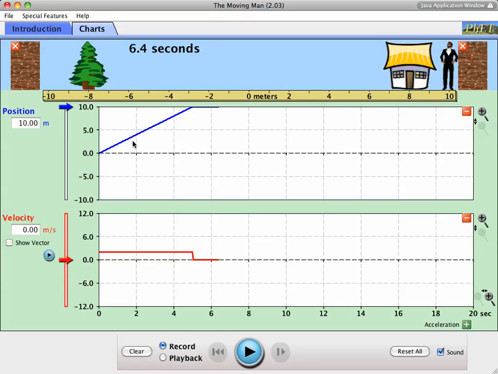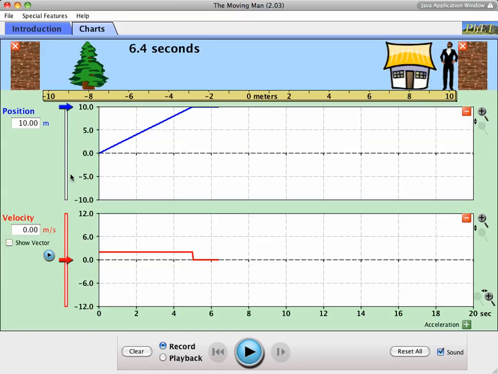Does it seem reasonable that it's a diagonal line and that the slope of that line is positive? Also, take a look at the velocity time graph. Does this make sense to you, that for these first about 5 seconds, it stays horizontal? Why do you think it stays at the same exact value this whole time? What's happening to it? Why would it stay horizontal?